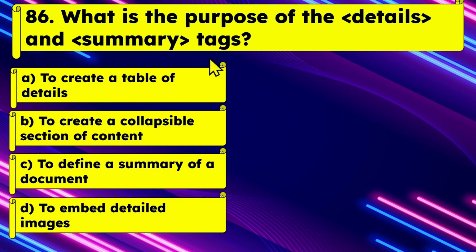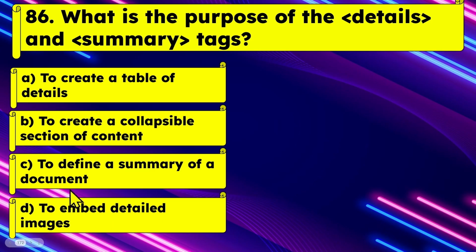Next question says, what is the purpose of the details and summary tags? Option A, to create a table of details. Option B, to create a collapsible section of content. Option C says to define a summary of a document. And option D says to embed detailed images.